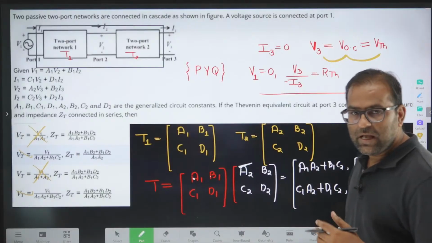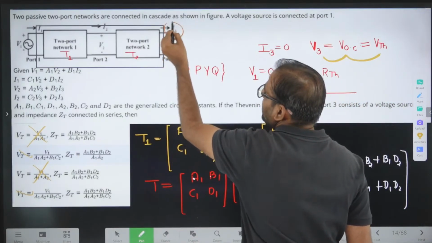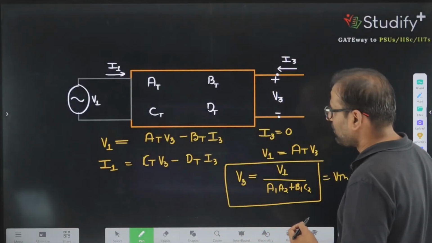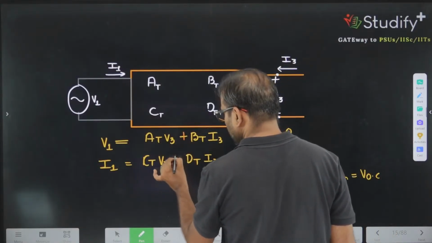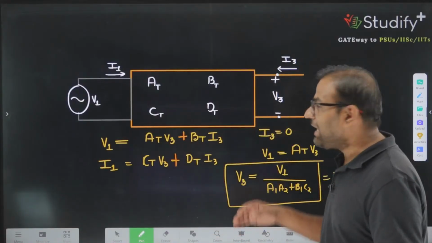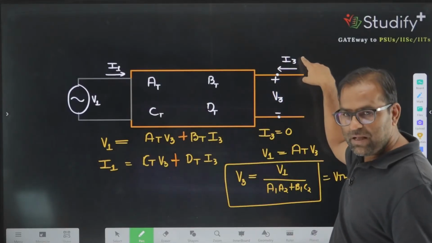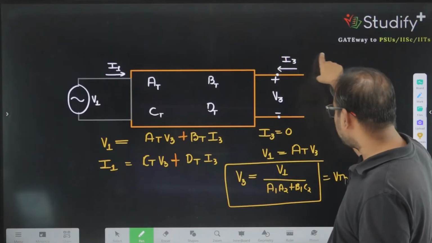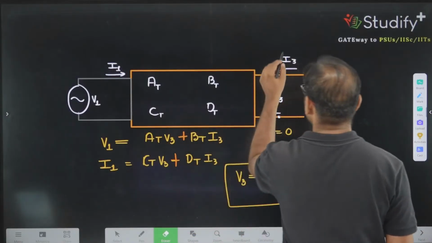Here you can notice one more thing. This I3 current is not going inside the network; it is coming out from the network. So I should use a plus sign here, because the minus sign is taken when I3 is going inside the network. Here I3 is given outside of the network, so you can use plus I3.